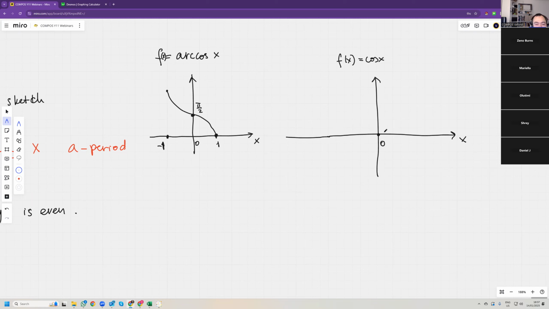At 0 it's 1. At pi over 2 it's 0. At pi it's minus 1. So it's going to go like this.